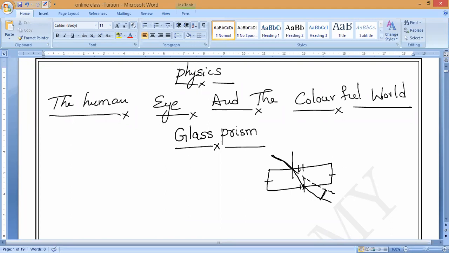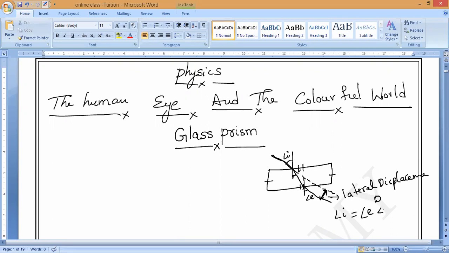And the distance between them, what should we call it? That is called lateral displacement, which we represent with a D. In this, the angle of incidence and the angle of emergence are both equal. Angle of incidence is equal to angle of emergence, and the angle of refraction is always smaller or greater?